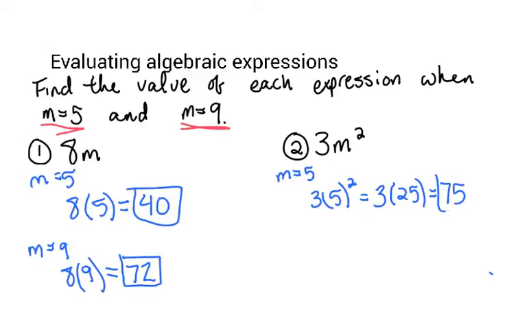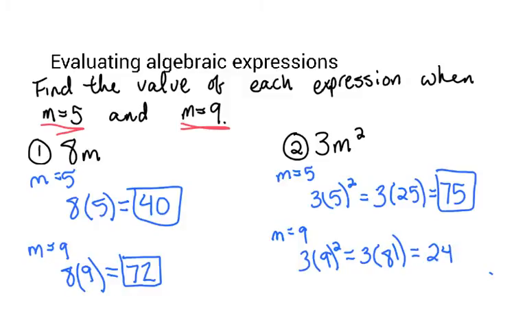Three times 25 is 75, and that's my final answer. When m equals 9, I have 3 parentheses 9 parentheses squared. 9 squared is 81. And then all I have left is 3 times 81, which is 243.